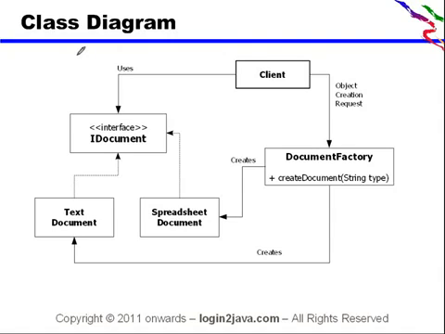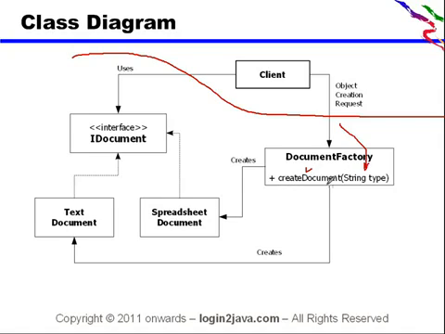See, now below this red line is your component that you can develop as a separate jar, or as a separate package, or as a separate module in your application. Client requests the document factory to create the document, and it will pass on the type of the document that it needs.